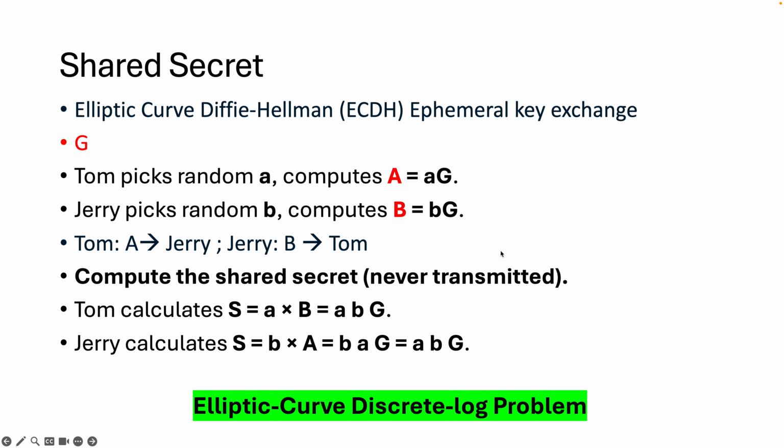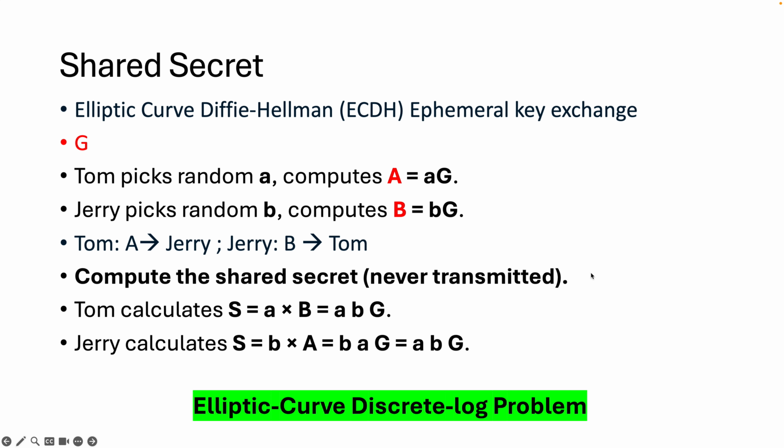The key point here is the shared secret S was never sent over the network. It was built independently by Tom and by Jerry, using math, not messaging, not network.